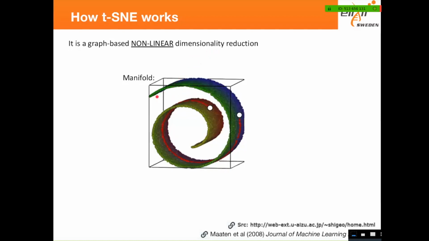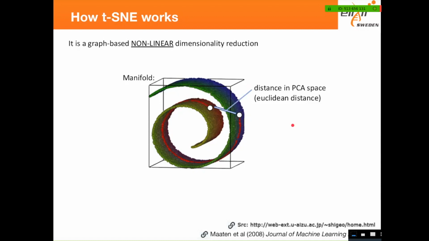If you have a manifold or data that is structured in a way that is not a plane, let's say, in here you have a spiral, and every point here would be, for example, a sample. And here you have this dot in white and this dot in white. So if you just compute a PCA and try to calculate the distance between those 2 points, this will be the distance, a straight line between them.